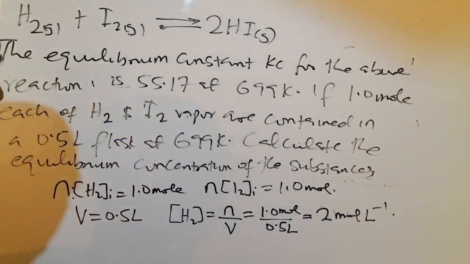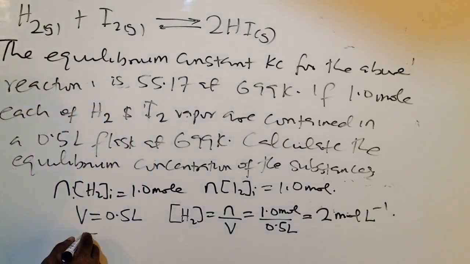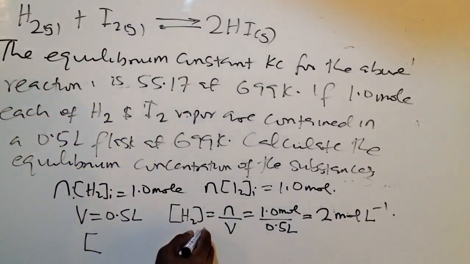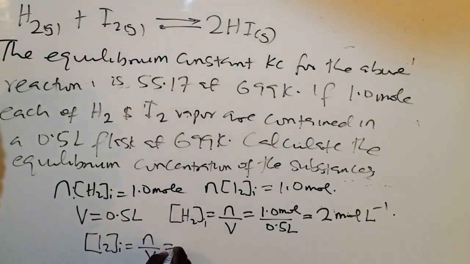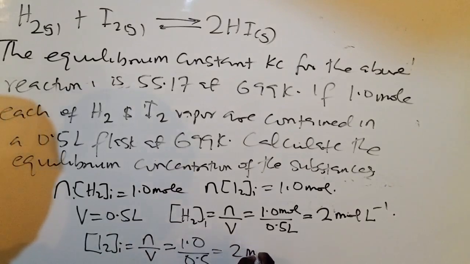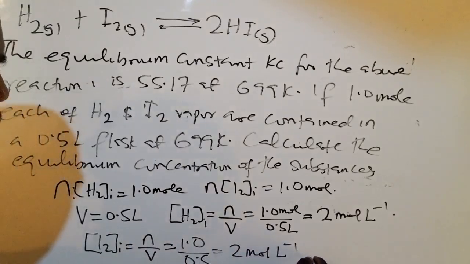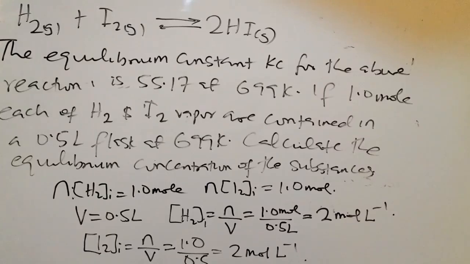In the same manner, I can calculate the initial concentration of iodine using the same mole over volume. The mole is the same 1.0 of iodine initially over the volume 0.5, giving us the same 2 mole per liter of iodine initially.